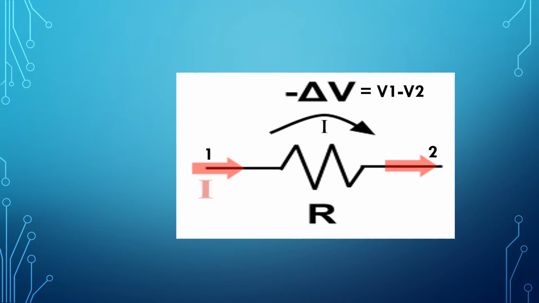So, to illustrate, we have a conductor here with point 1 and point 2, so that the voltage across it is V1 minus V2. This means the potential in V1 is greater than the potential in V2.